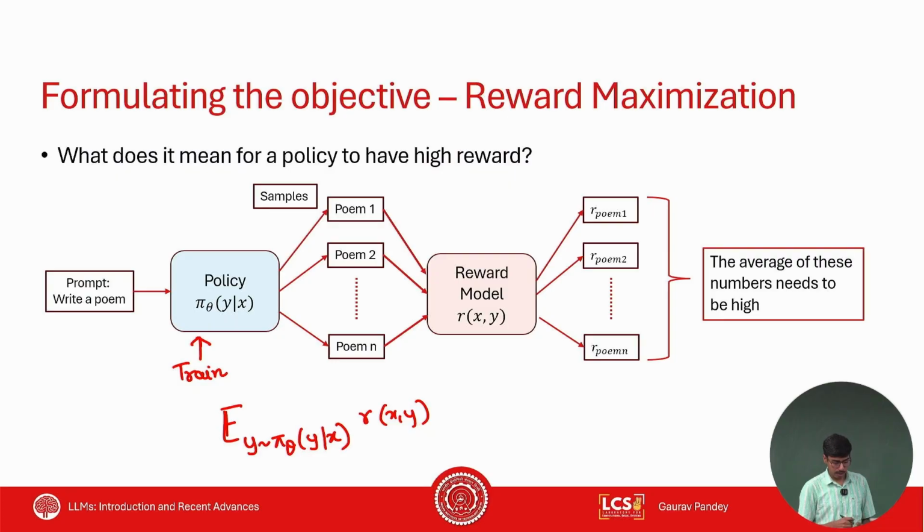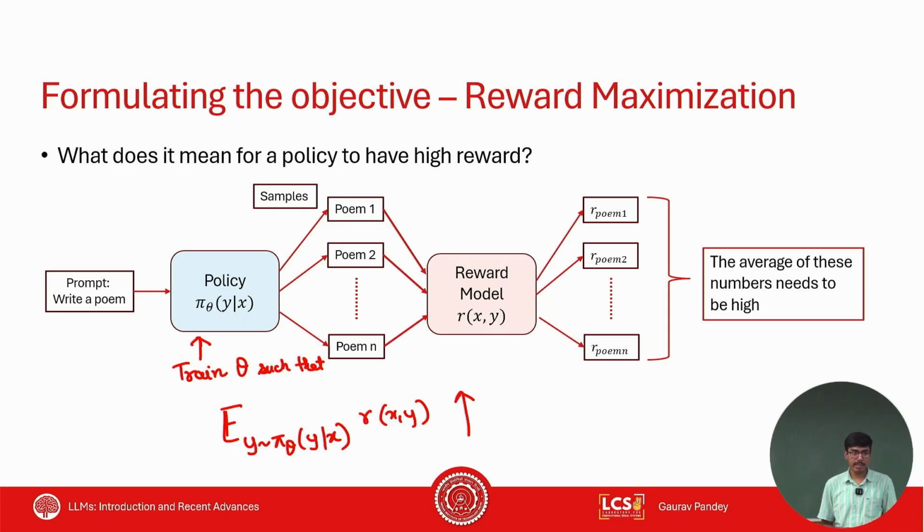This is how you write expectation. So this quantity should be high. I want to maximize this quantity. Does it make sense? Okay. Is there any confusion about this expectation? Okay. So I want to train theta such that this expectation is high.